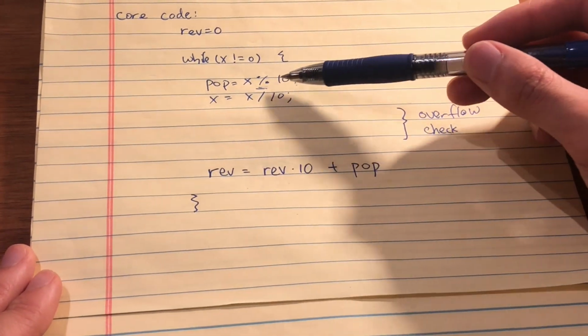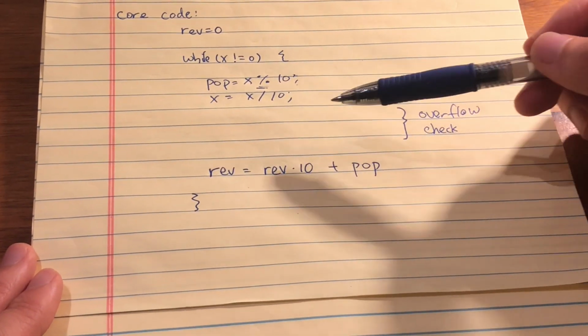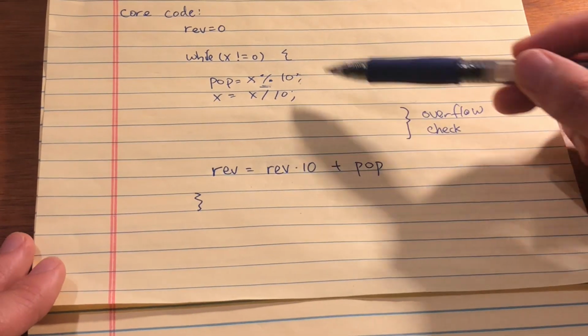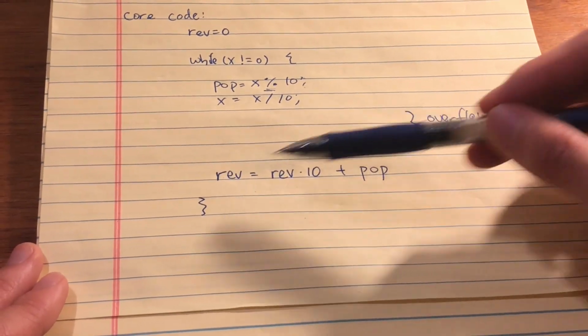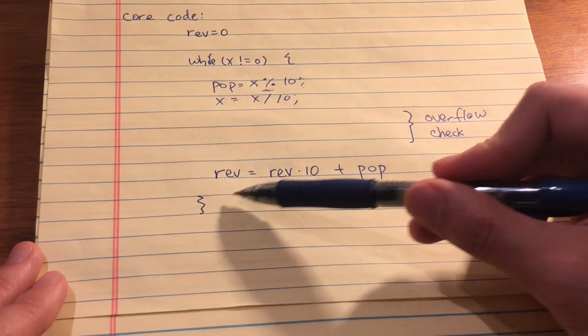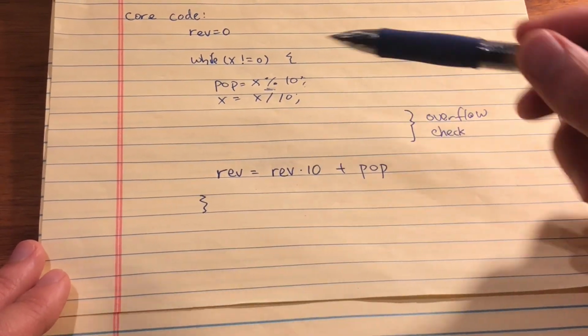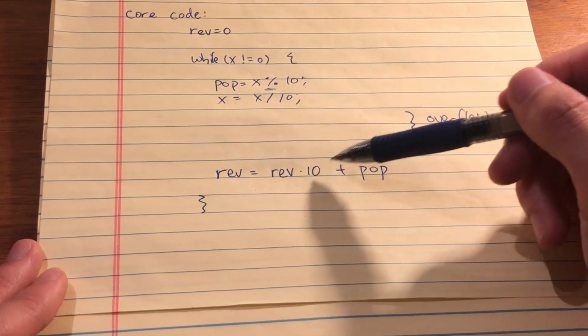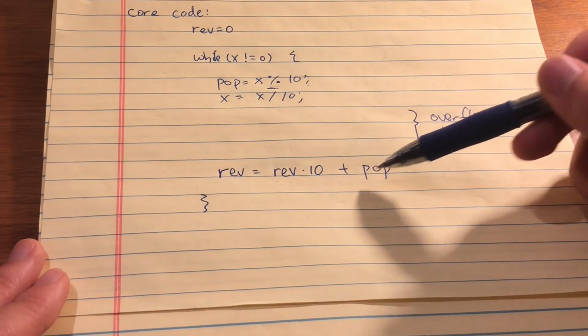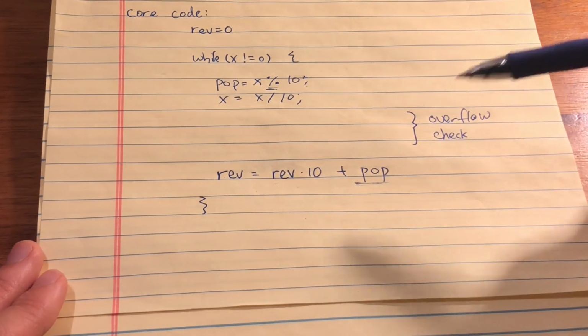So once we have the least significant digit, we need to think about how to combine the least significant digit and the remainder of the x to increment this loop. So that's done by this line. So the previous reverse number is multiplied by 10. This is to ensure that there won't be any collision when we add in the new digit.